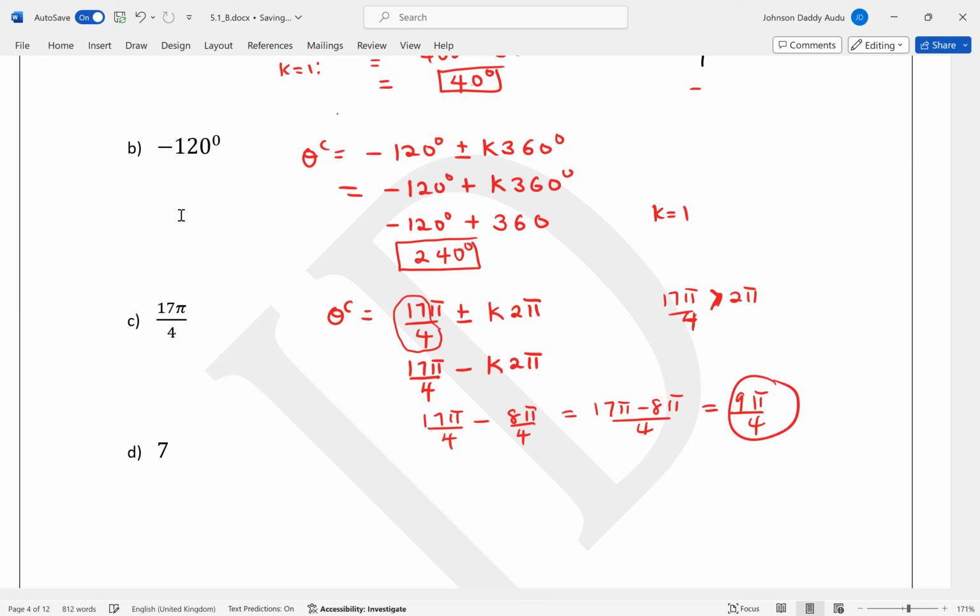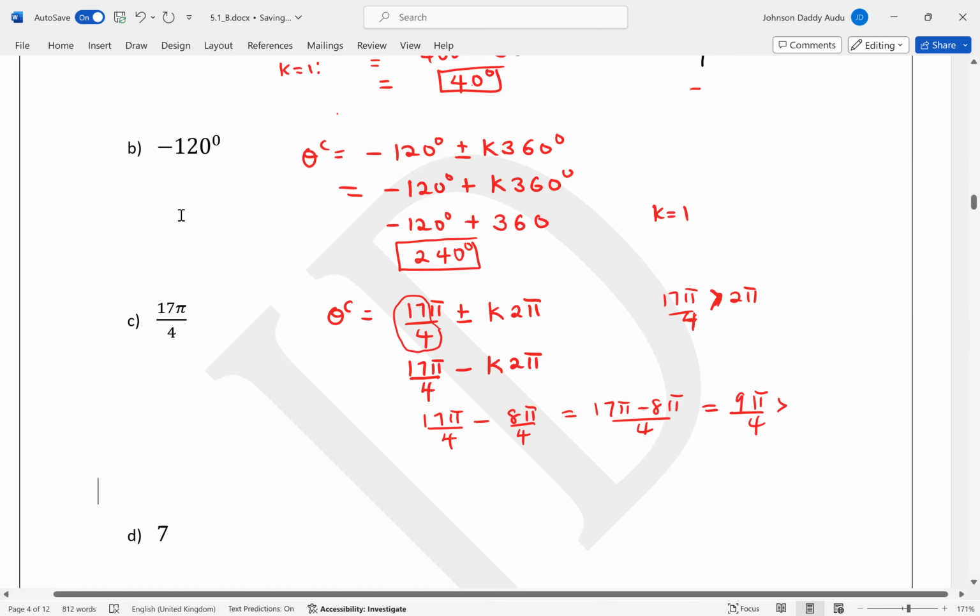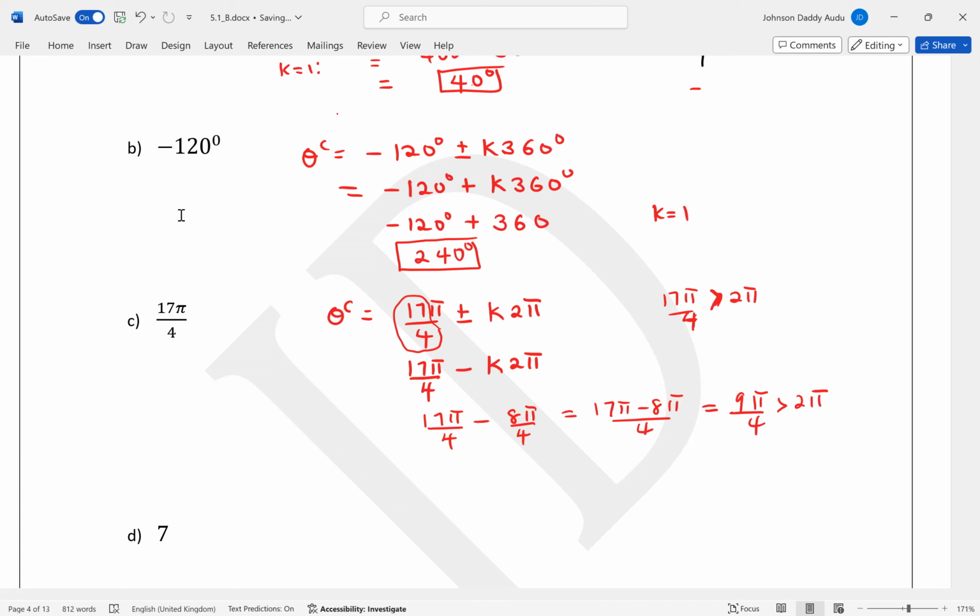But if you look at 9 pi over 4, it is still bigger, because 9 divided by 4 is about 2 point something. So this is still bigger than 2 pi. So we have to take k to be 2.